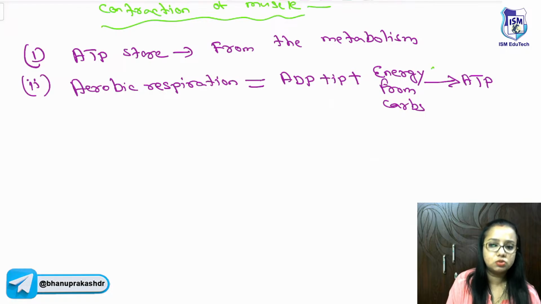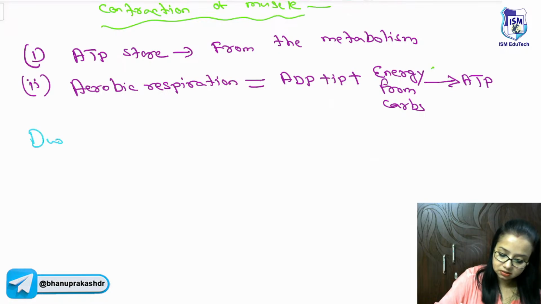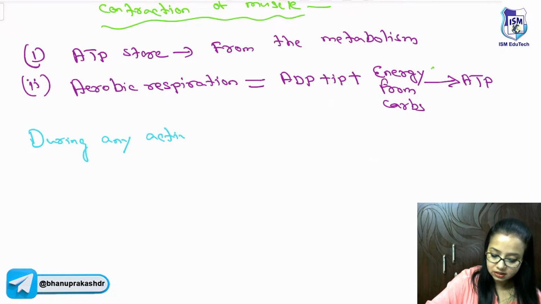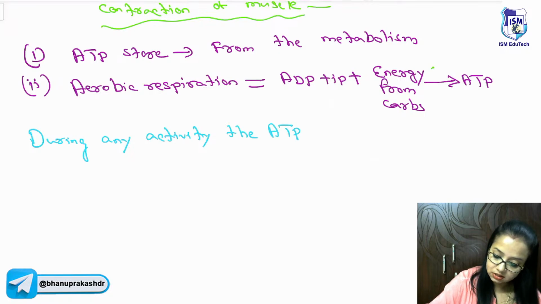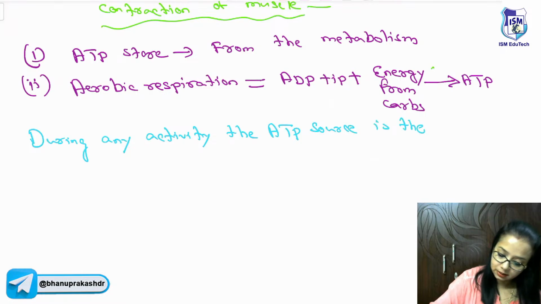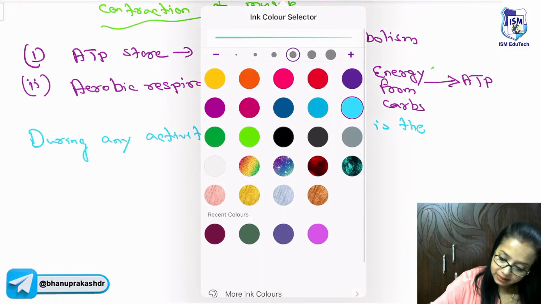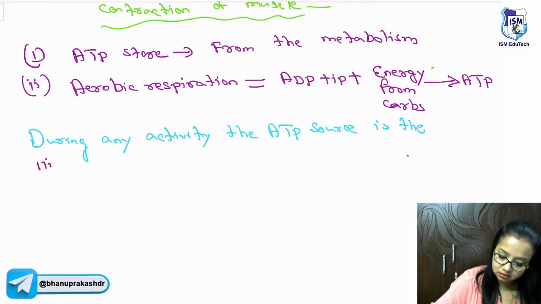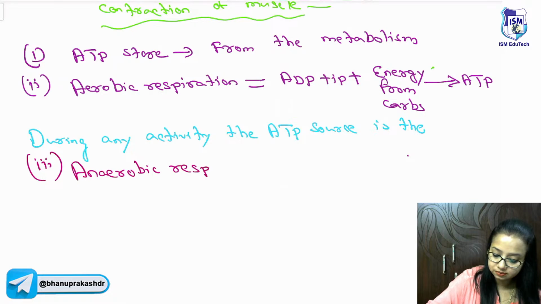These two sources are mostly used when the muscles are in resting condition. During any activity, the ATP source is anaerobic respiration.